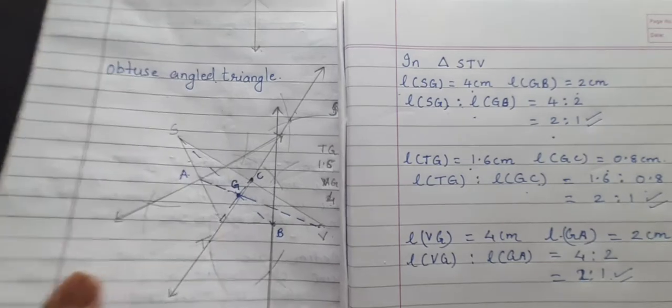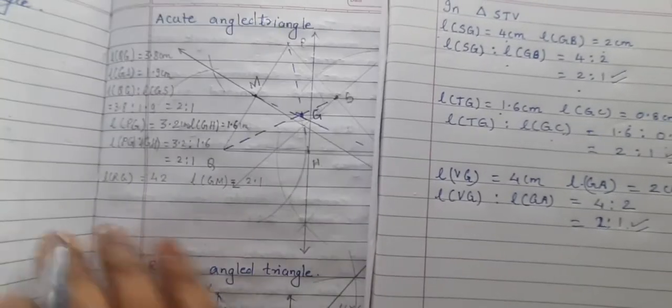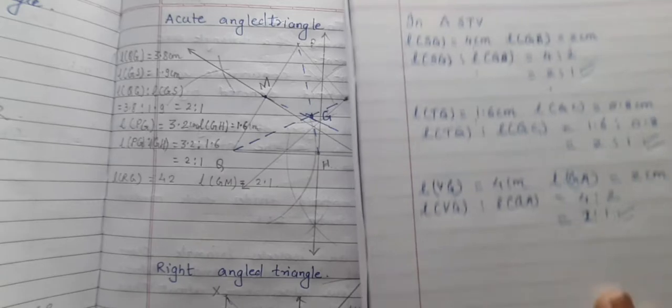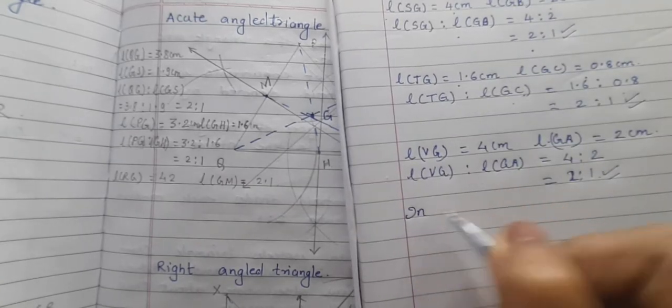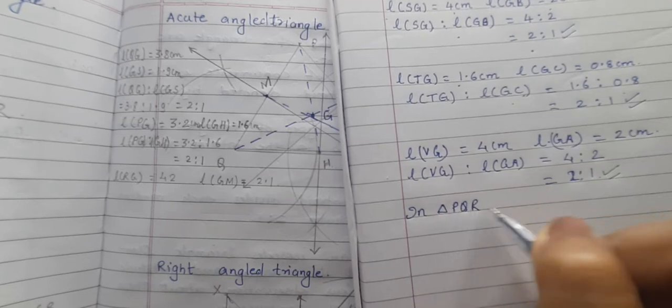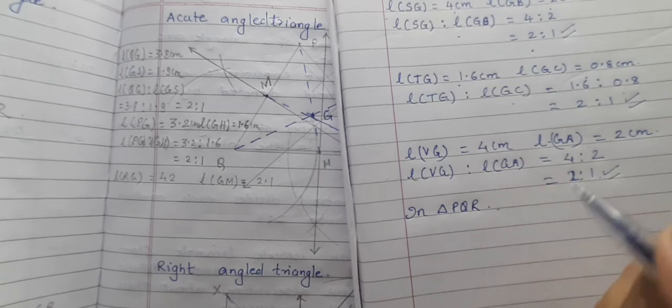Okay, now we will go to the next triangle, that is triangle PQR. Which triangle is triangle PQR? It is an acute angle triangle. So in triangle PQR, what do you observe?